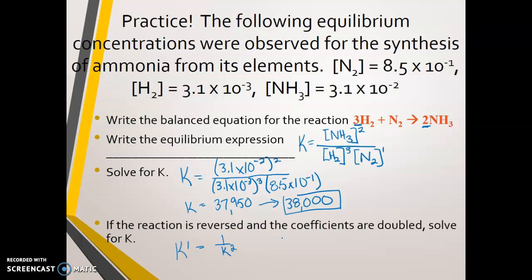When we do that, 1 over 38,000 squared is going to be equal to 6.9 times 10 to the negative 10th.